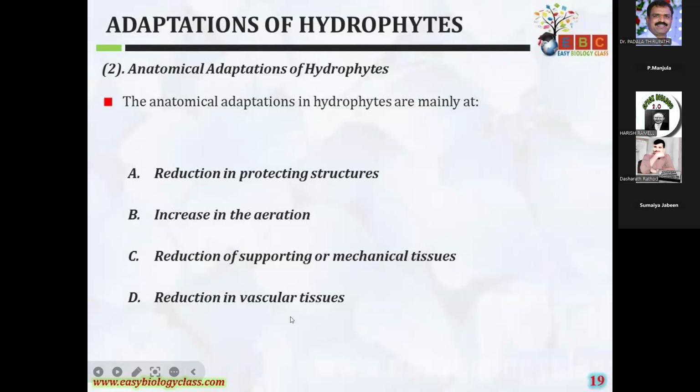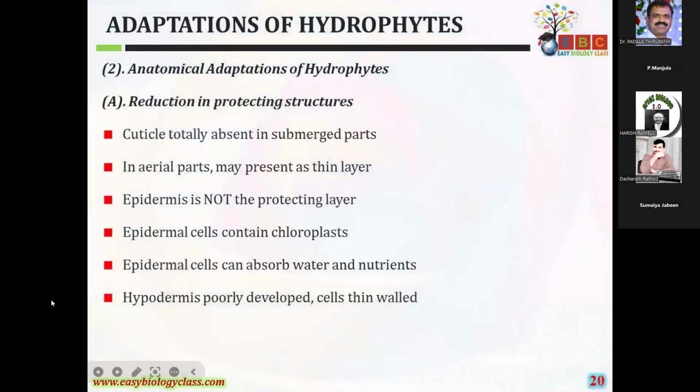Vascular tissues are also reduced, because their main function is conduction of water and nutrients, and through the surface of the total plant body they can absorb the water. So there are no special vascular tissues, and we can observe the reduction in the vascular tissues in the hydrophytes.